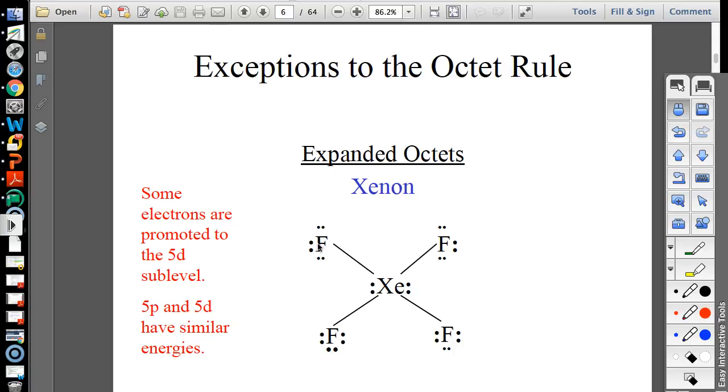Again, you would go back to neon is only in the 2nd principal energy level, but xenon can have expanded octets because the 5th energy level contains d orbitals, right? 5p and 5d are similar energies, and so that's why they can fill. This looks really complicated. It's scary to draw if you're asked to draw these, but it's not hard. You draw these the same way. So let me show you.